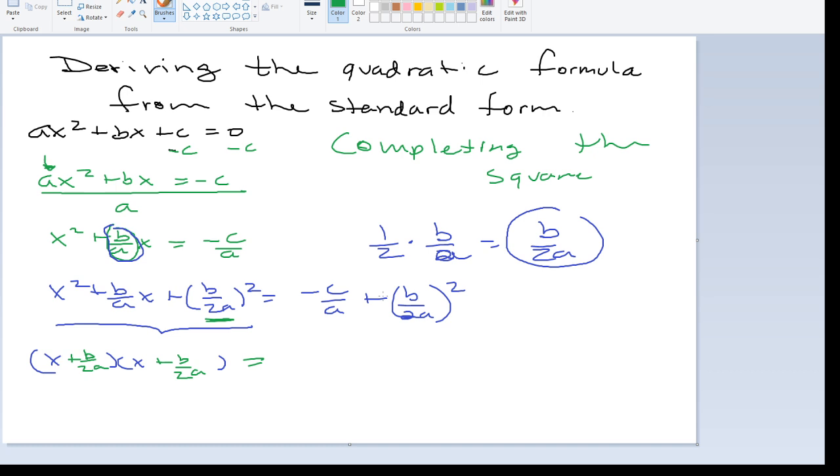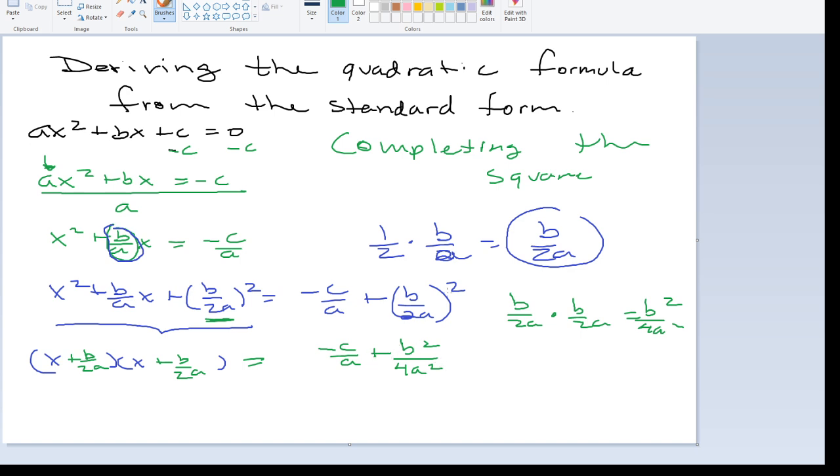Now the right side, it's going to be negative c over a plus b over 2a squared, which is b over 2a times b over 2a, and that's going to be b squared over 4a squared.